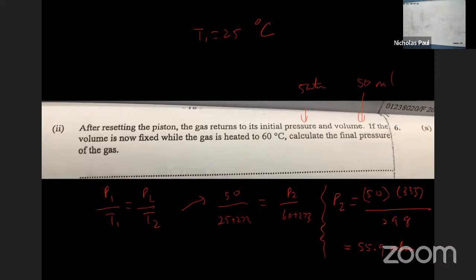I have the year for this one, right? This is 2016. This one is 2016. It's kind of simple, right? But it asks you to verify the laws. 2016, number 3.